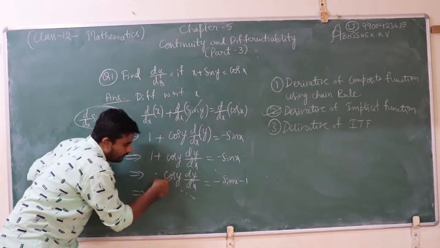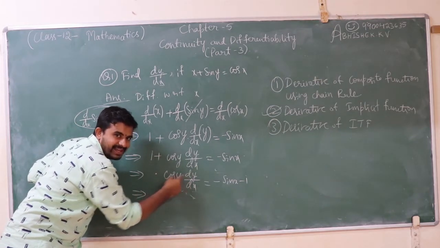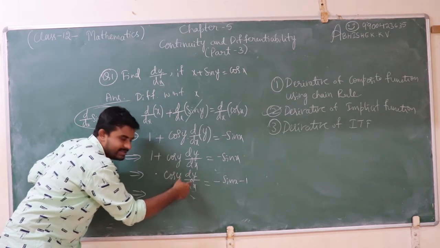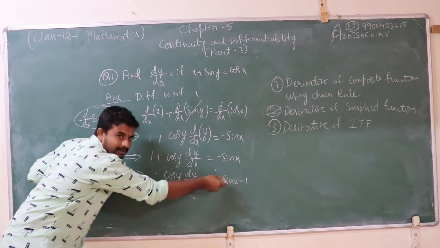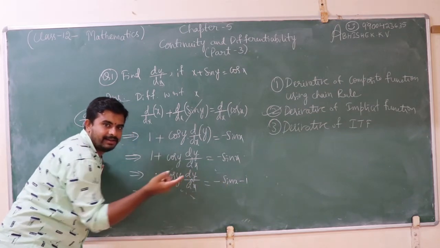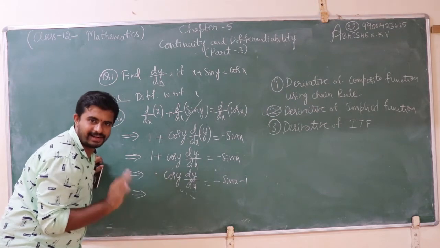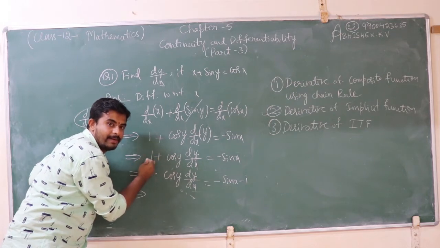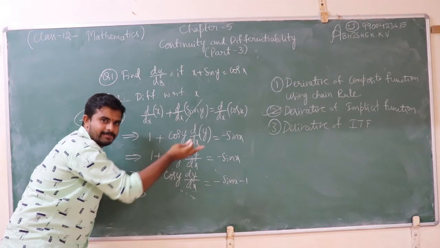But when two functions are multiplied, call them a and b, and we need to find the value of b, that is dy by dx, when I transfer this multiplication function to the RHS, it goes to the denominator, right? But when you transfer addition of two functions to the RHS, plus becomes minus, minus becomes plus.